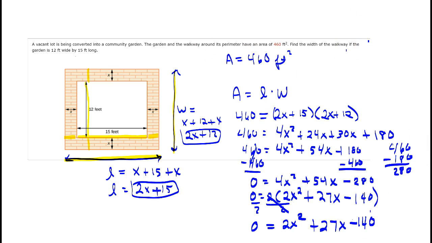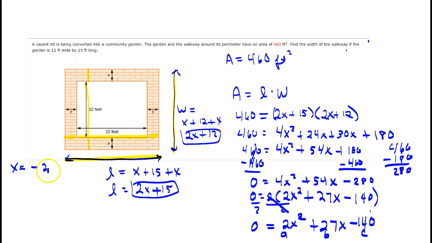Again, we could try factoring, or we can use the quadratic formula. Again, it's really up to you, depending on what you like to do. I'm just going to go ahead and use the quadratic formula. That way, if you're not good at factoring, hopefully you can use the quadratic. So x equals, and again, here's my a, here's my b, here's my c.